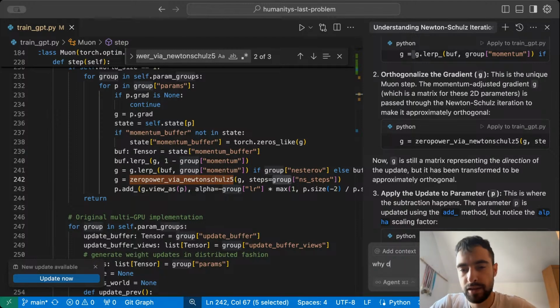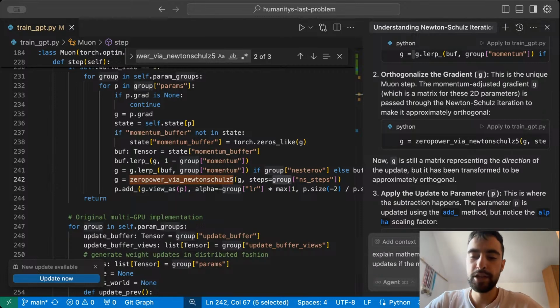Why do we need that? Explain mathematically what happens with the optimizer updates if the matrix is orthogonal versus not orthogonal.